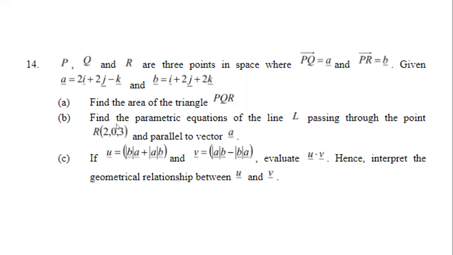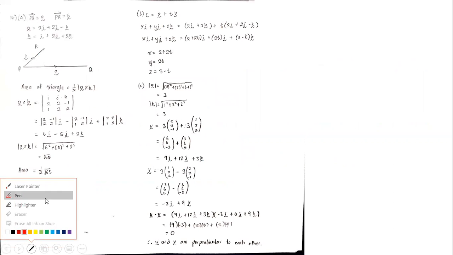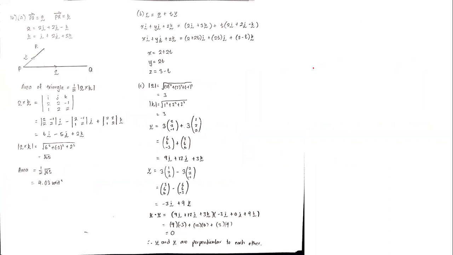Okay. Now we can draw a triangle first, almost like this in the answer sheet. Just put P, because PQ equals A and PR equals B. So P is the dominant point, where we attach the two vectors.